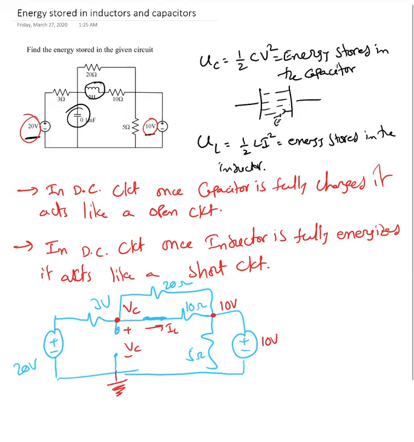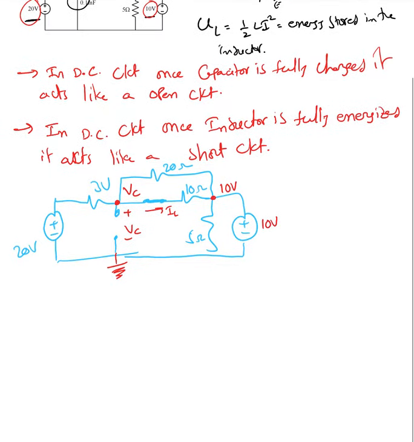Nodal analysis means we apply KCL, Kirchhoff's current law, at VC. I take every current as going out of the junction: I1, IL, and I2. So I1 plus I2 plus IL equals 0.